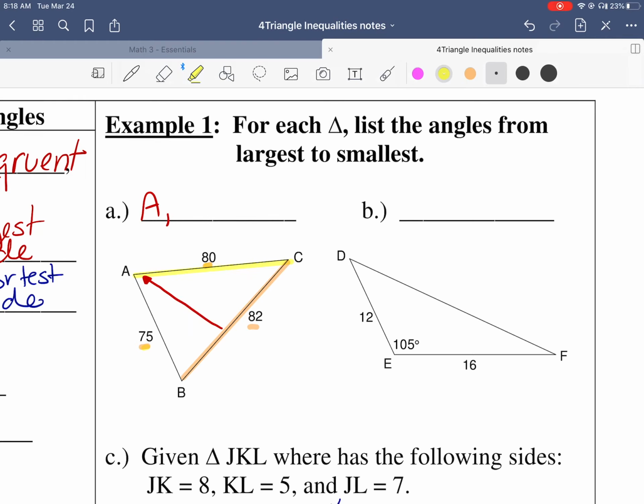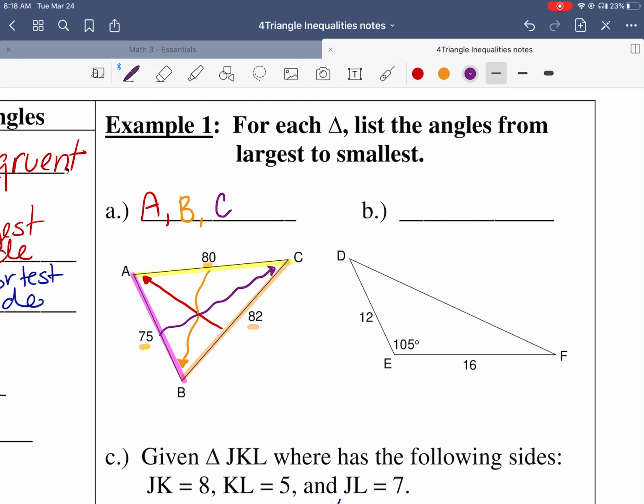So that's my next. If I go directly across from there, I end up at B, which means B is my next one. And last but not least, my smallest side, the only one left, is 75. If I go across, I end up at C, and I find out that C is my smallest angle in this picture.